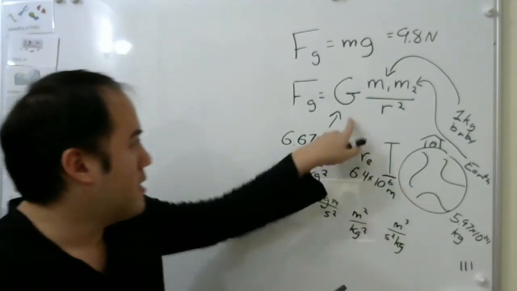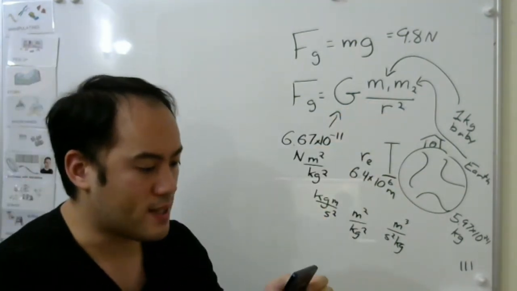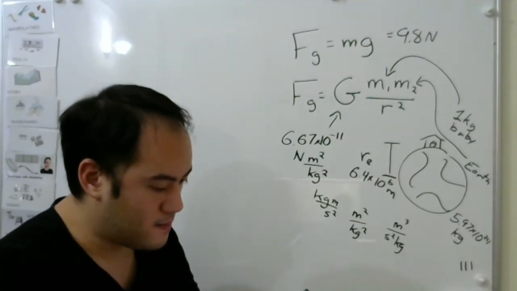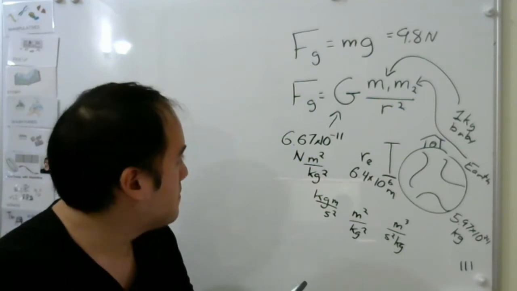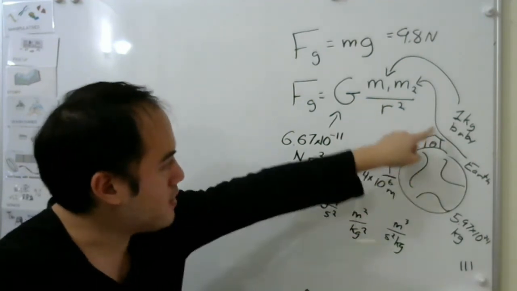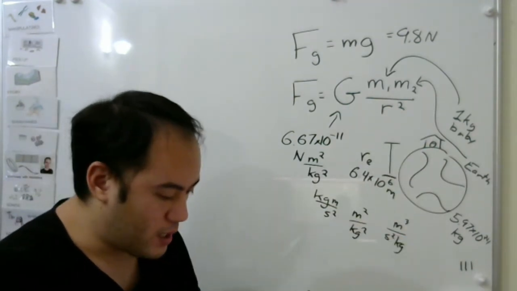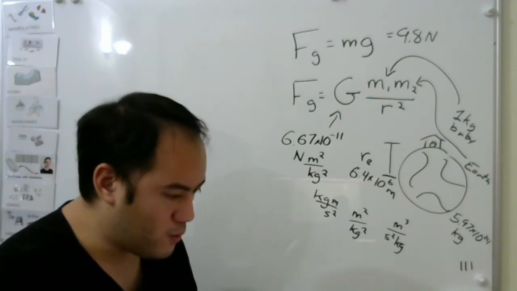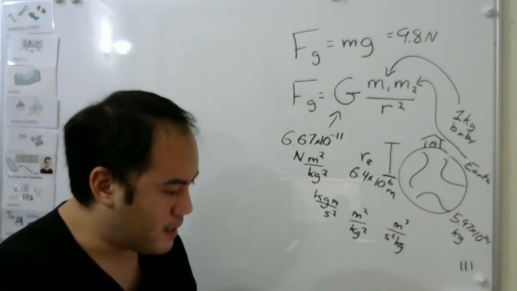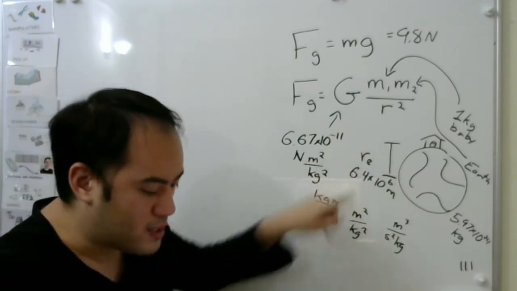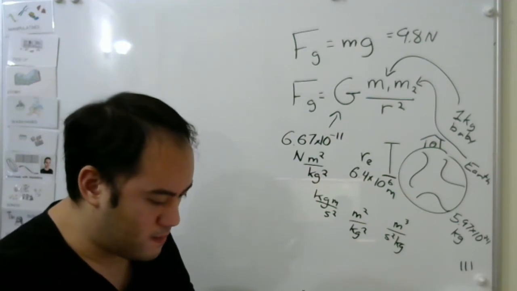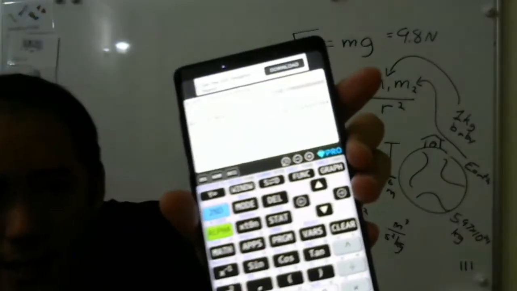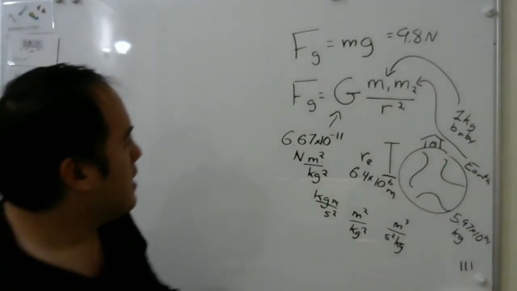Take out your calculator and type in all those values for a 1 kilogram baby. 6.67 times 10 to the negative 11 times 1 kilogram times 5.97 times 10 to the 24th kilograms divided by the radius of the Earth squared. 9.7 newtons. And what did we find earlier?